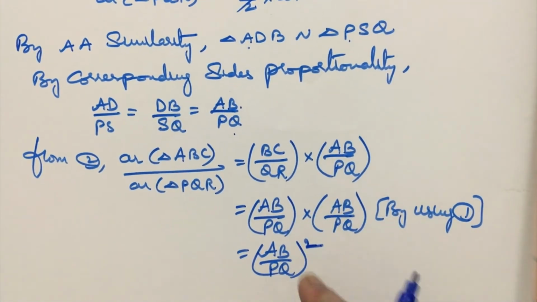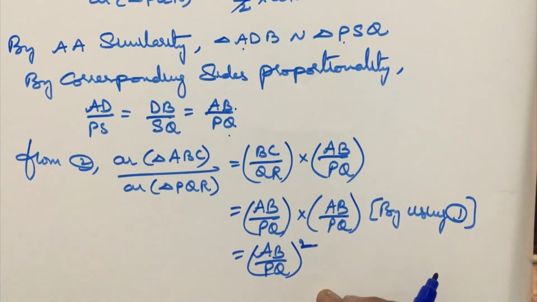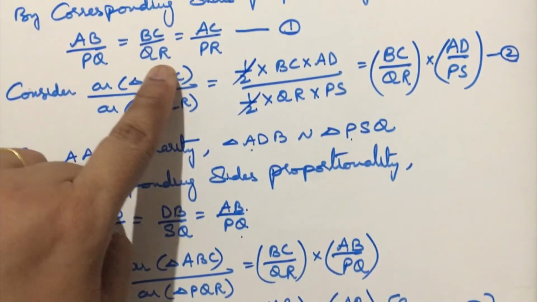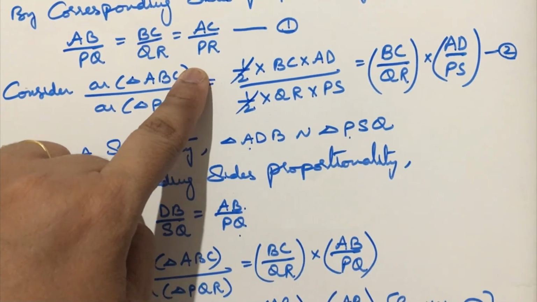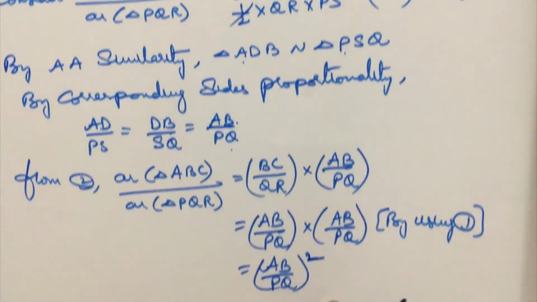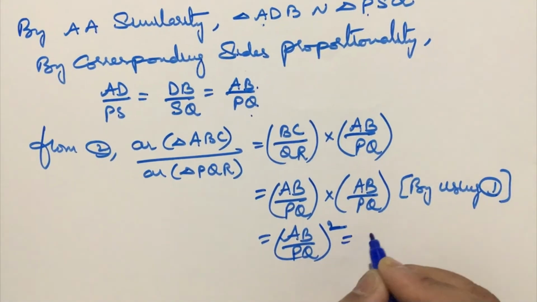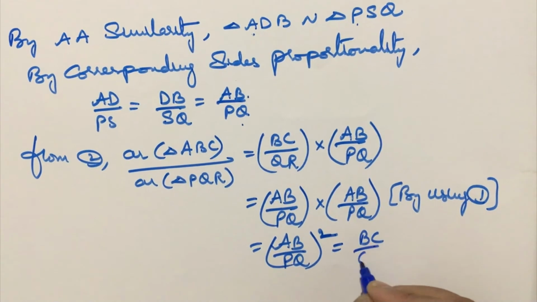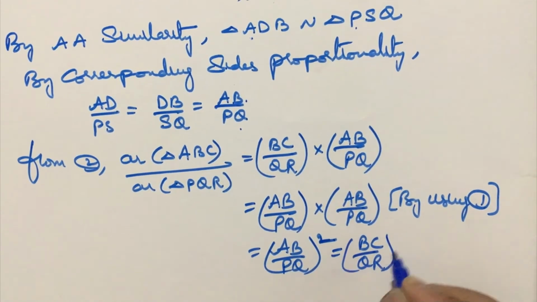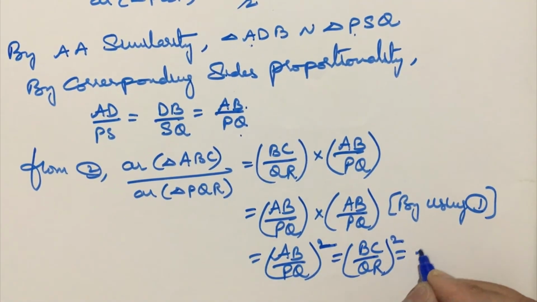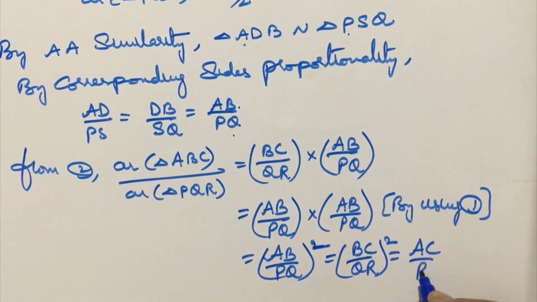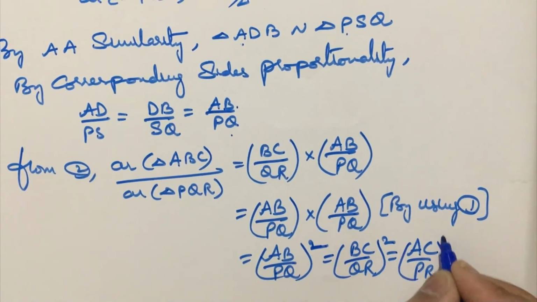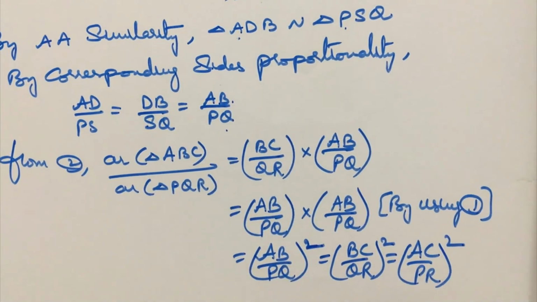But this AB by PQ is equal to BC by QR and that is also equal to AC by PR. So this is also equal to BC by QR whole square, and also equal to AC by PR whole square. So at the last what we got?